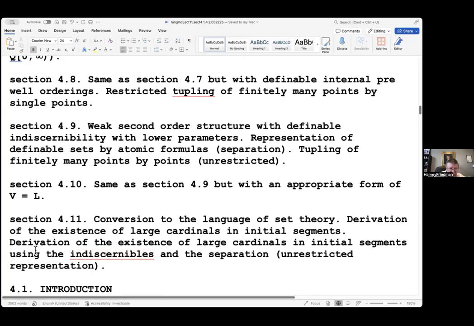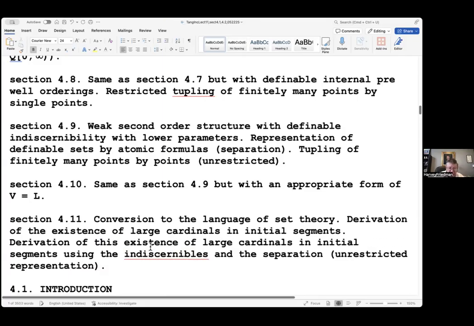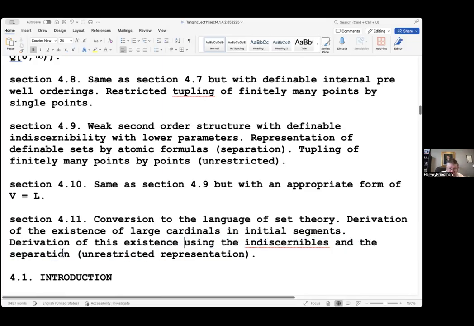We derive this existence using the indiscernibles and the separation, unrestricted representation, which is the same as the unrestricted separation representation.